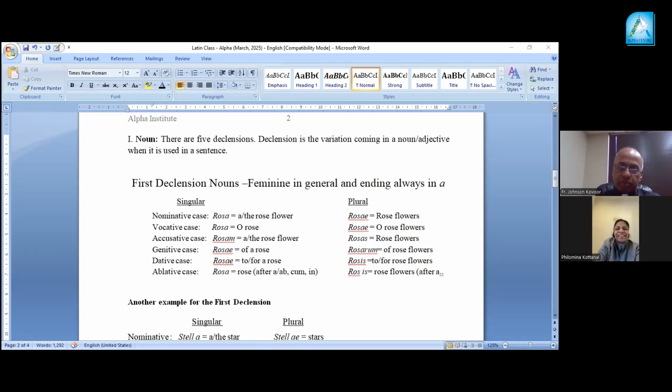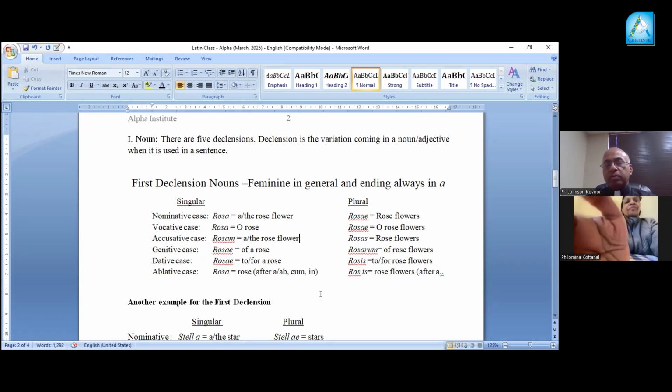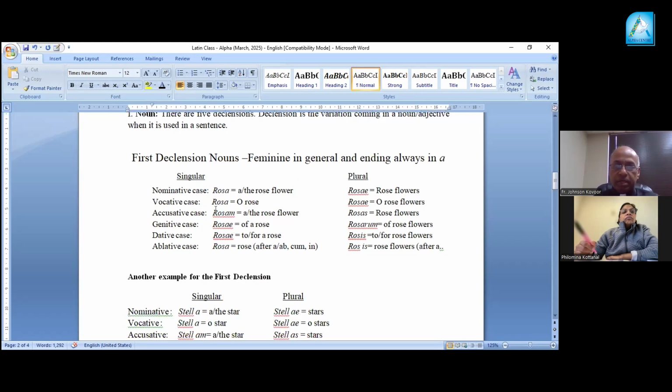For example, in Malayalam, if we say Joseph Maryയോട് പറഞ്ഞു, it is Joseph said to Mary in English, but in Malayalam, the noun Mary has a change, Maryയോട്. Or മേരിയിൽ നിന്ന് ഒരു ബുക്ക് വാങ്ങി. From Mary is used in English, but in Malayalam, മേരിയിൽ നിന്ന് or മേരിയോട്. Likewise, there is declension in Malayalam.